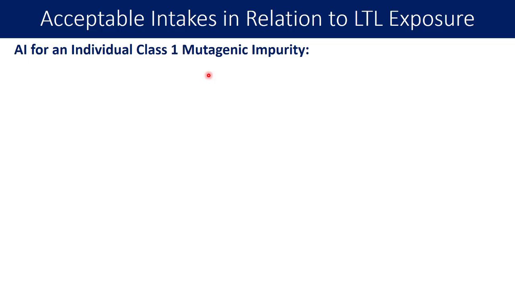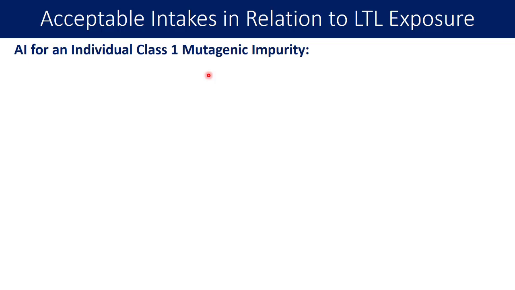You have only performed the Ames test, which is an in vitro study, but no in vivo study is performed. Or based on the structure-activity relationship (SAR) structural alert, you have identified that this looks to be possibly mutagenic, but you have not conducted any kind of toxicological study. So that is called class 2 and class 3 mutagenic substances, likely to be mutagenic. You are not sure about it.